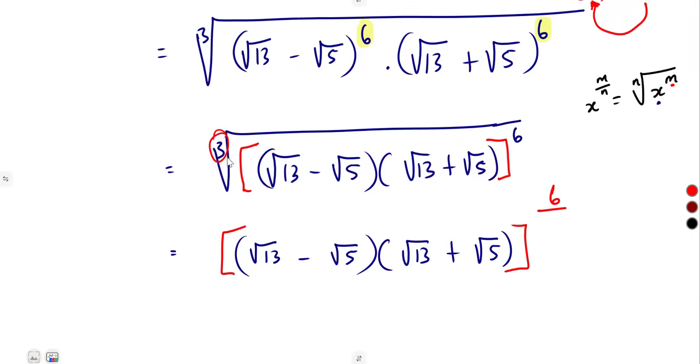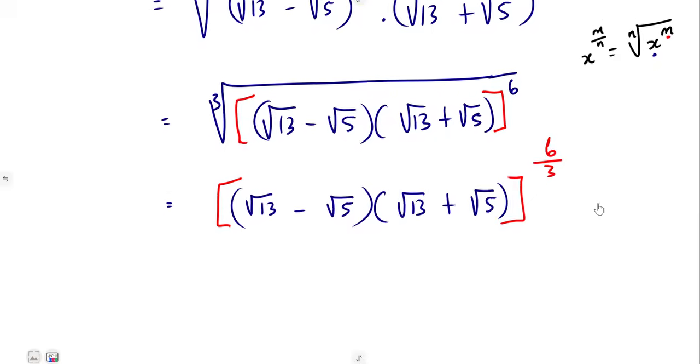The number inside the root sign is 3. So this is what you are going to have at the end.